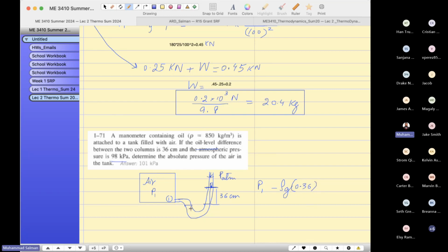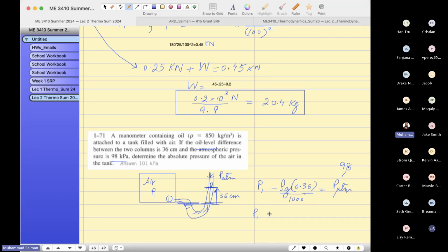That's correct. Because look, this is the pressure difference. You are going upward, so you have to subtract it. That is equal to P atmospheric pressure. And P atmospheric is 98 kilopascals, and this can be divided by 1000 to convert it into kilopascals.